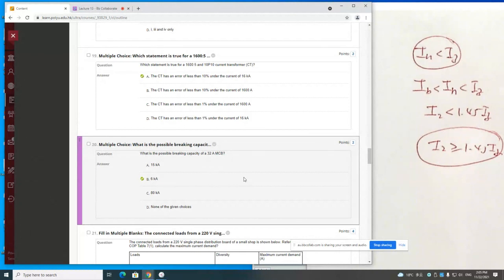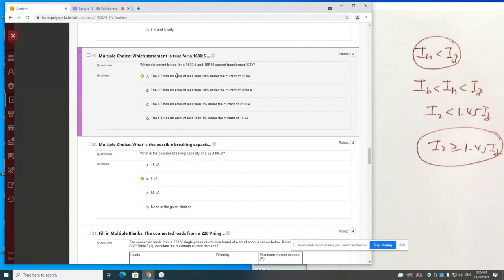The accuracy is obtained at the current equal to 10, and this 10 is a multiple, 10 times the CT rating. So the answer is that it has an error less than 10% under the current of 16 kiloampere. 16 here means 1,600 times the 10, so it is 16 kiloampere.